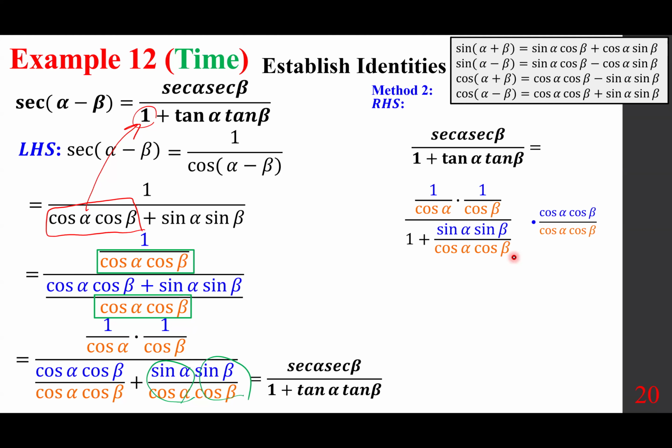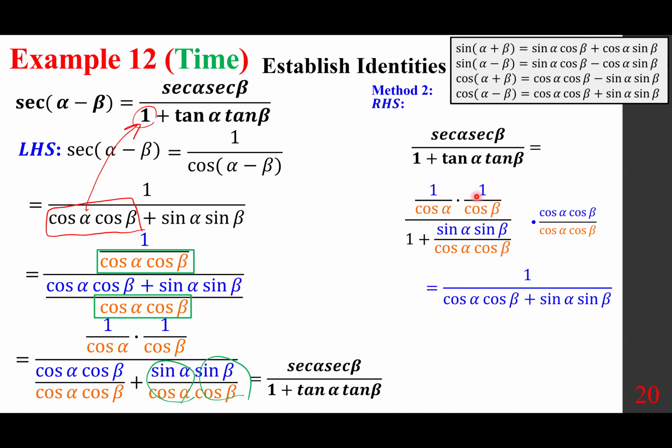So what happens? First of all, when you multiply this one, everything cancels out the denominator, so you get 1. When you multiply this one by this one, you get cosine alpha, cosine beta. When you multiply by this one, this goes away, you get sine of alpha, sine beta.